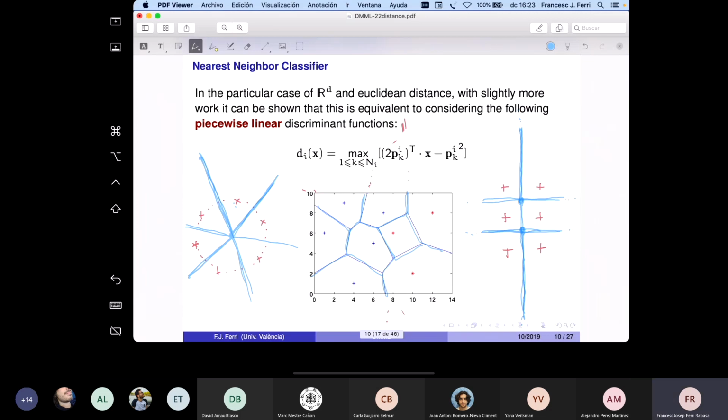So it's a set of lines. And then you have intersections of lines. For example, you have here a triple intersection, triples, 4, and even 6. See?